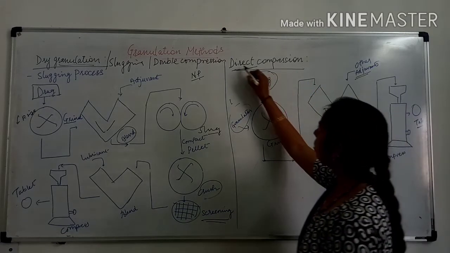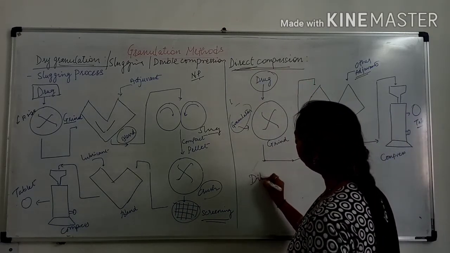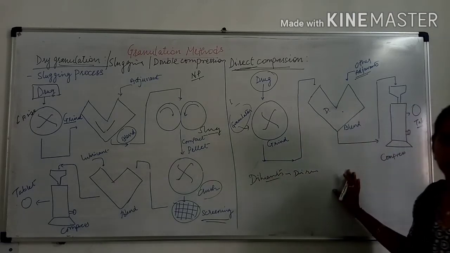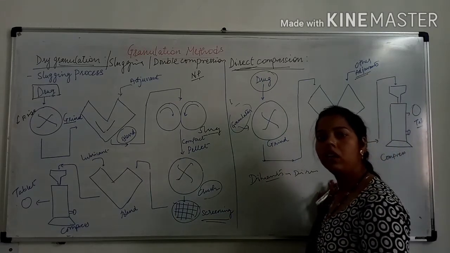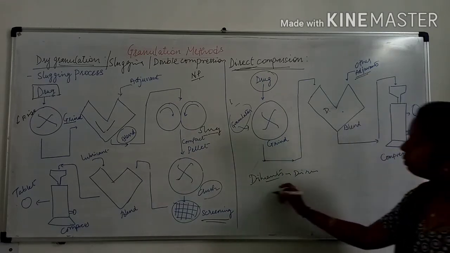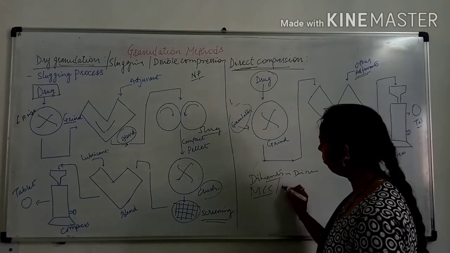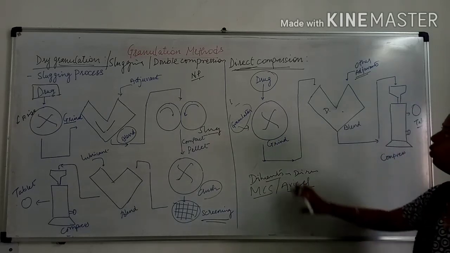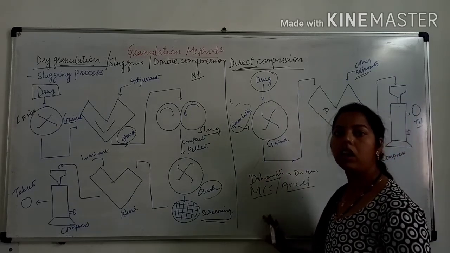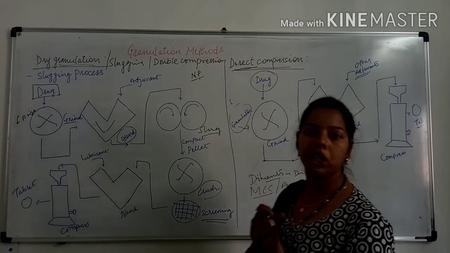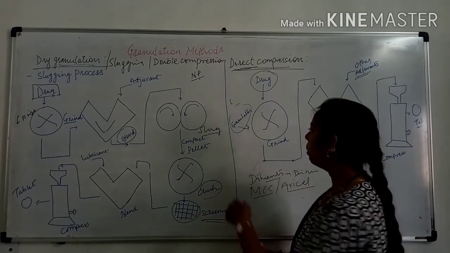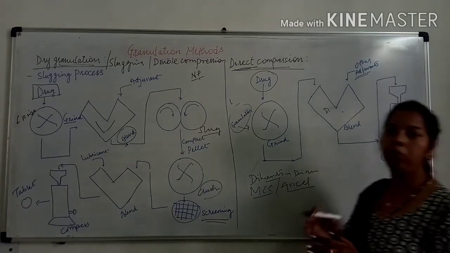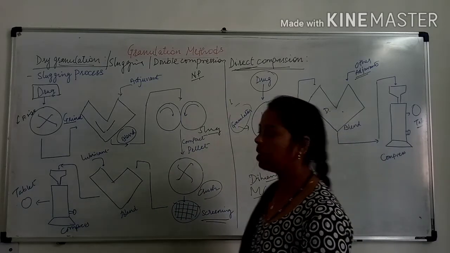For direct compression techniques, we generally use diluents which are directly compressible in nature, like Avicel or microcrystalline cellulose. The property of microcrystalline cellulose or Avicel is that it is a directly compressible diluent. Such diluents enhance the compression technique, and they give a uniform tablet after direct compression.